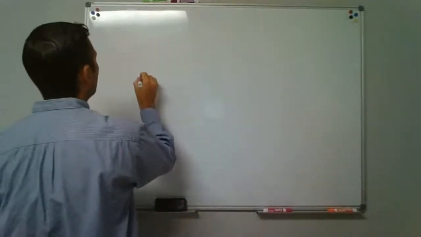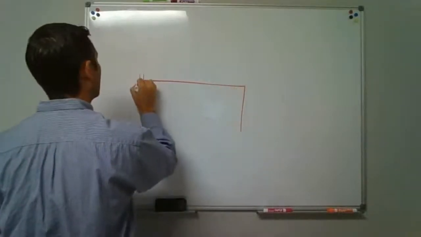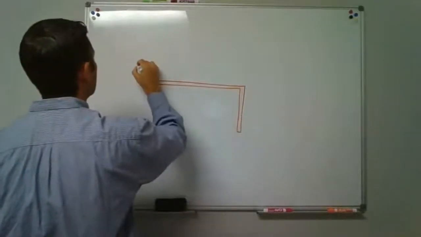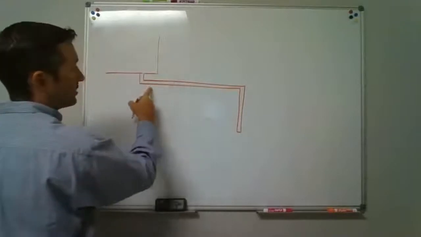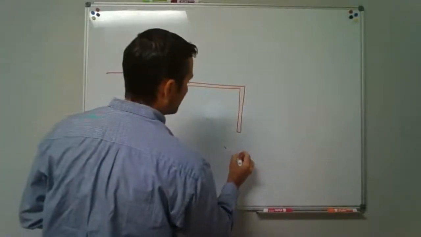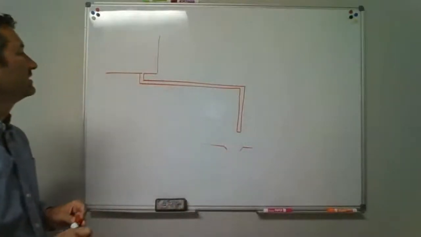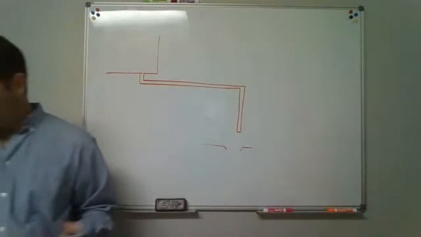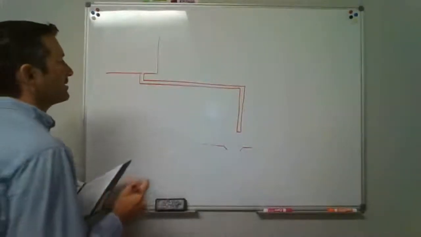So if we had an indirect waste pipe coming off of something, let's just say we got it coming off of something here. Here's our indirect waste pipe discharging into a waste receptor. So let's look at that pipe. 30 inches in developed length measured horizontally.